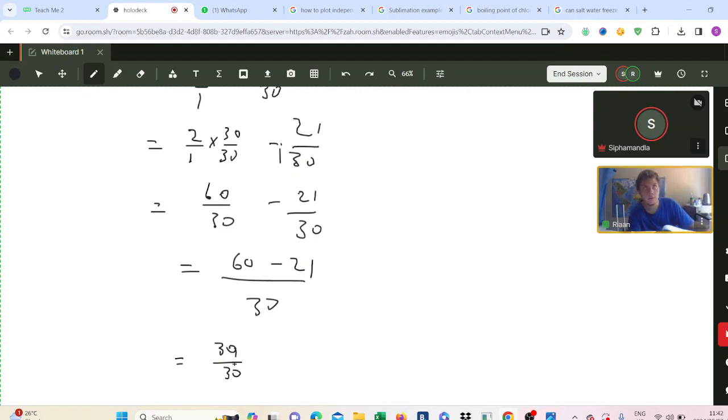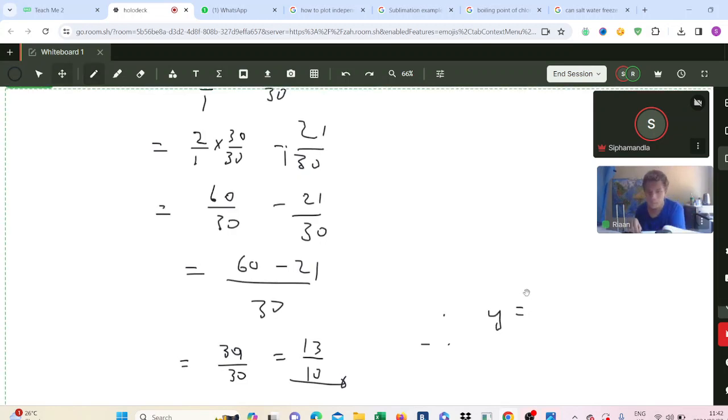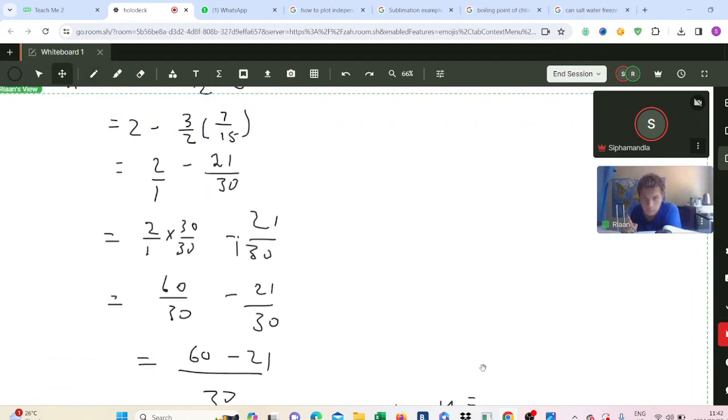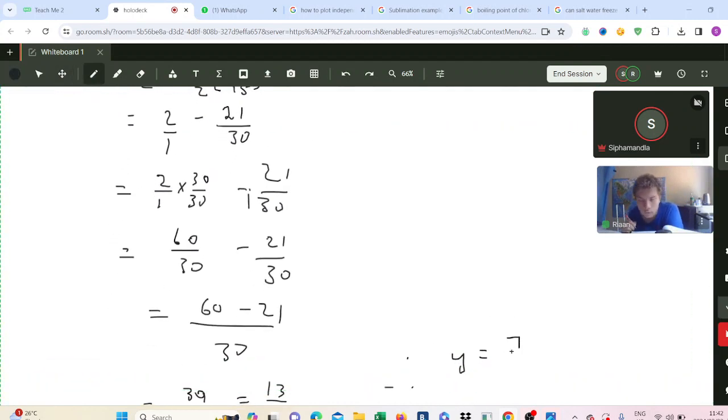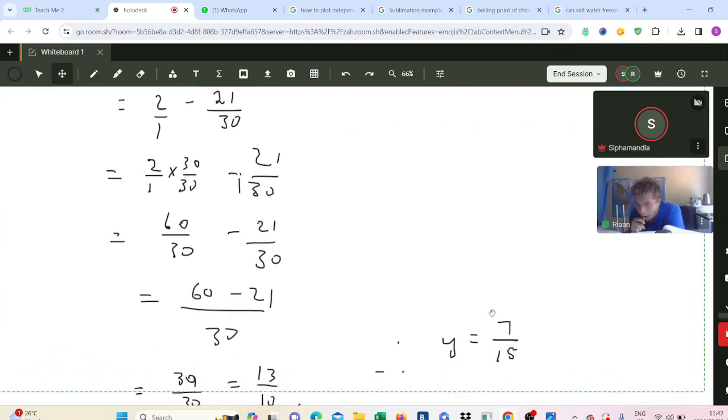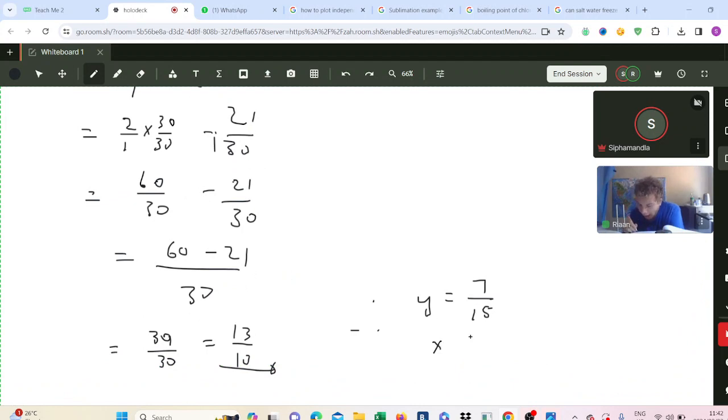So it would be 13 over 10. So to make everything clear, the value of y is 7 over 15, while the value of x is 13 over 10. Any question here? No, that makes sense. It's just very complicated.